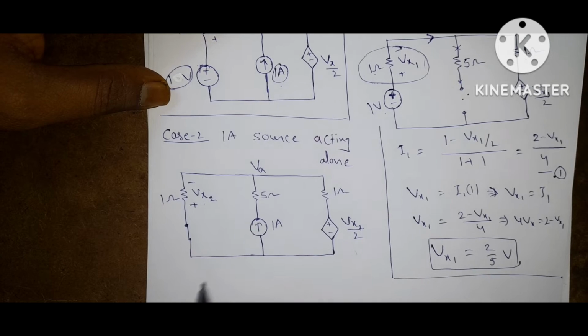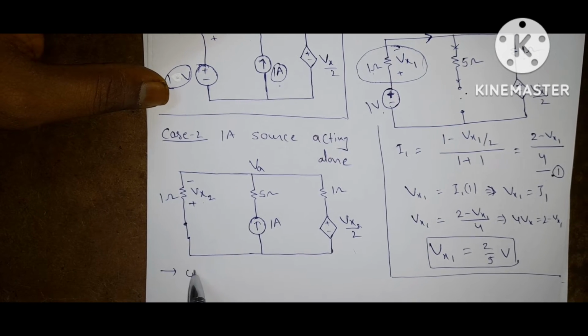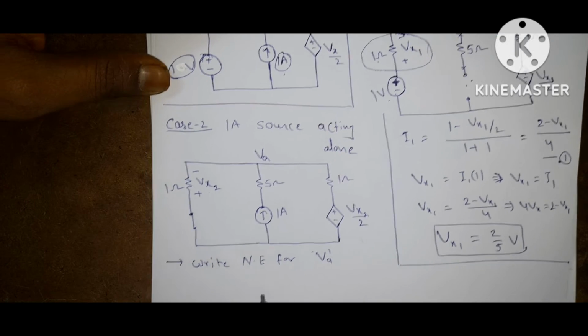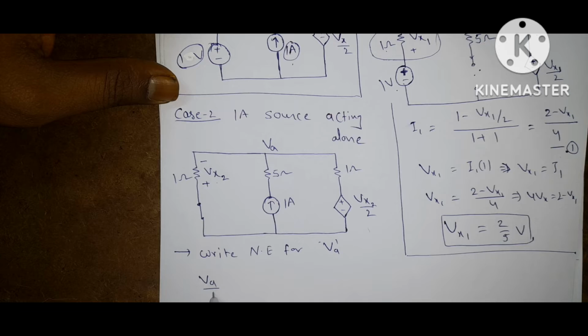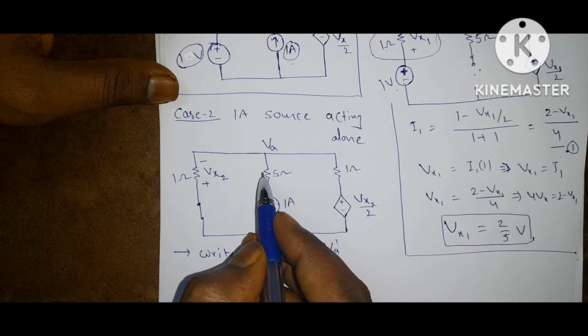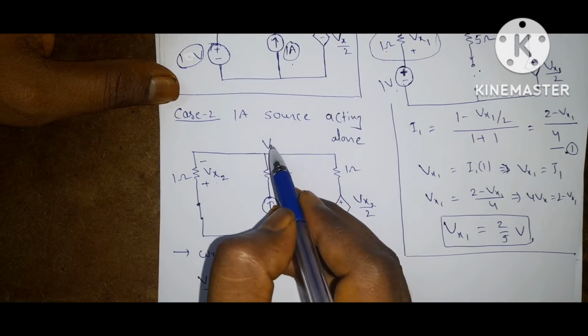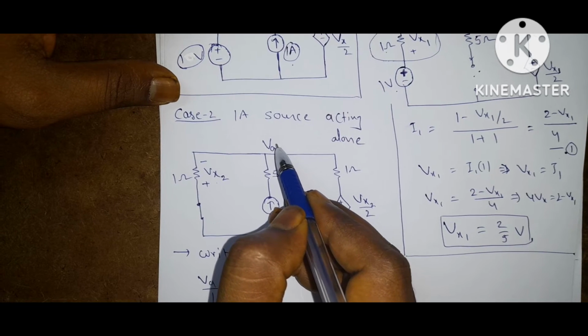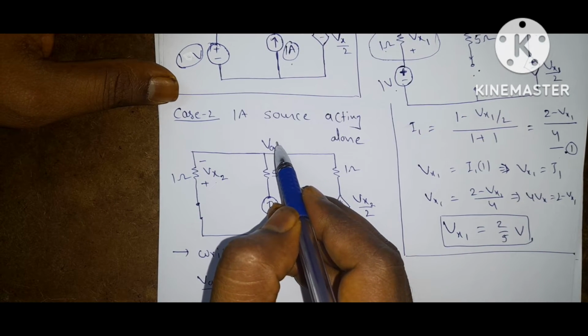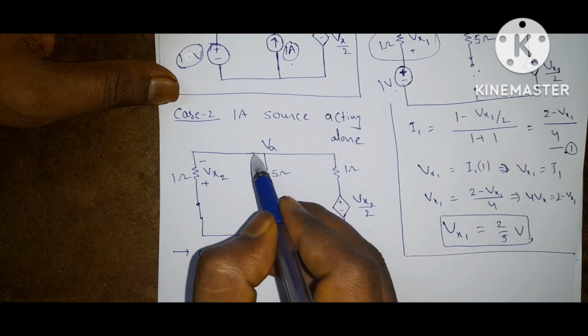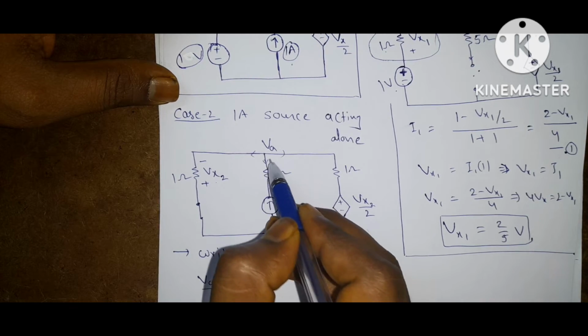Apply nodal analysis at Va, or write the node equation for Va. So what are you getting? Va by 1 for this branch. When we are applying nodal analysis, the assumed node is at the highest potential. This node is at the highest potential, so all currents must leave this node.